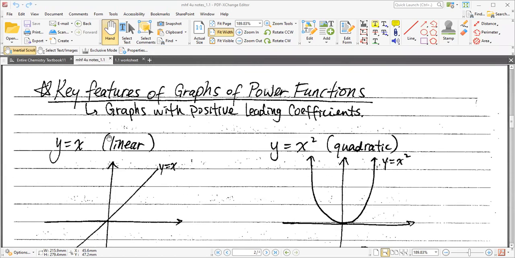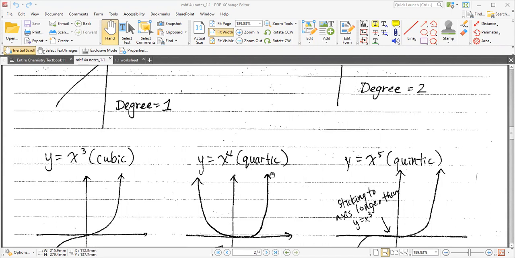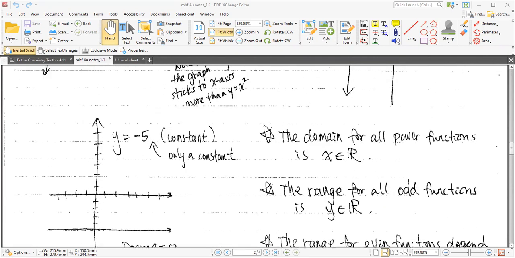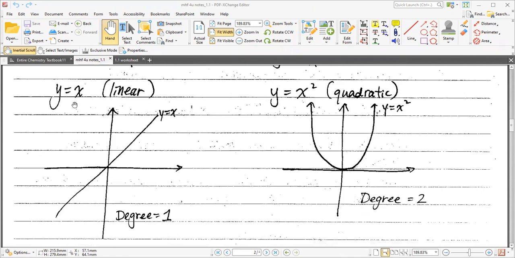So we know the parent functions: linear, quadratic, cubic, quartic is x^4, quintic is x^5. You want to graph them and say something about their properties. Everyone knows how to graph a linear function. Just a reminder, we could use 2 points or 3 points if you want.